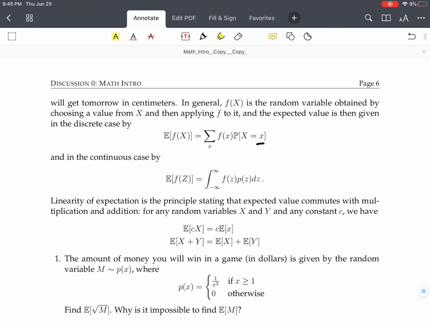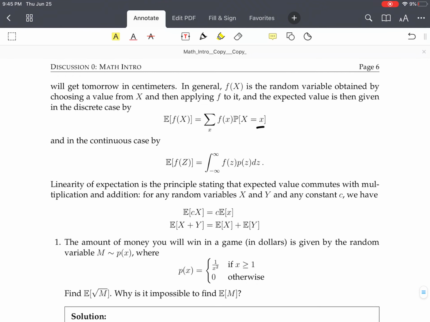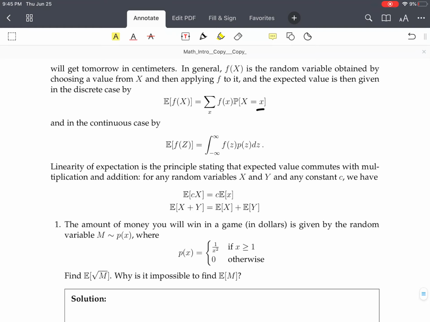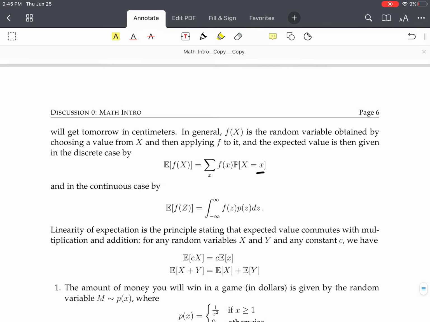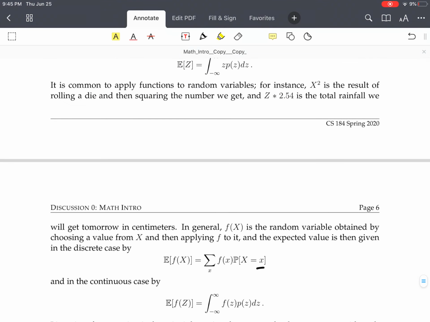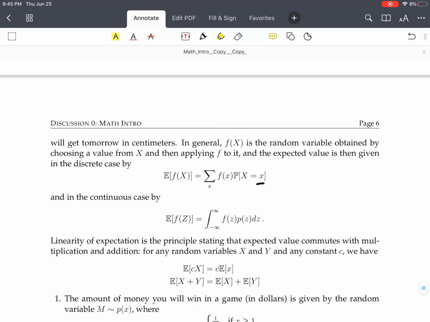Okay, and some important properties: the linearity of expectation. Here it is written out: the expectation of c times x is equal to c times the expectation of x. So for example, up here when we said f of x could be z times 2.54, that's essentially just 2.54 times the expected value of z.